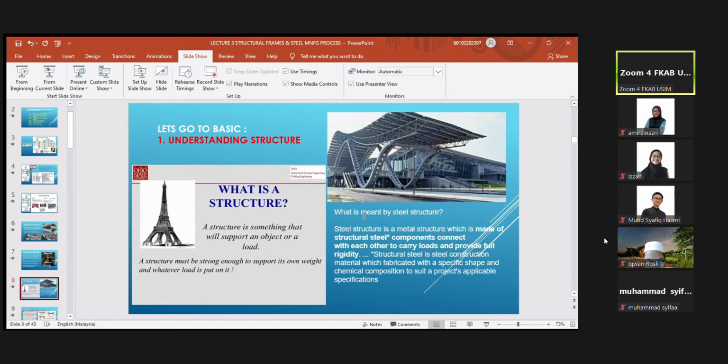Okay, what do you mean by steel structure? A steel structure is a metal structure made of structural steel. Okay, components connect with each other to carry loads and provide full rigidity. It has to be rigid. To create this rigidity, there are a lot of systems being adopted, like a bracing system or whatnot. And structural steel is a steel construction material which is fabricated with specific shape and chemical composition to suit the project's applicable specification.